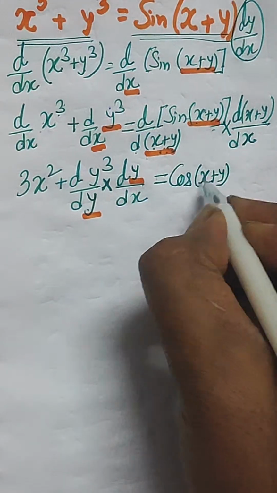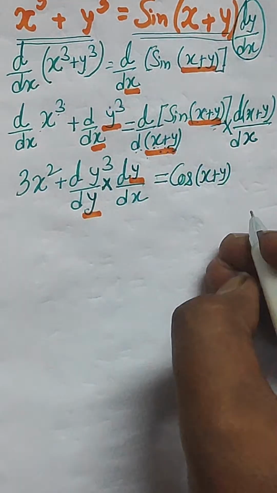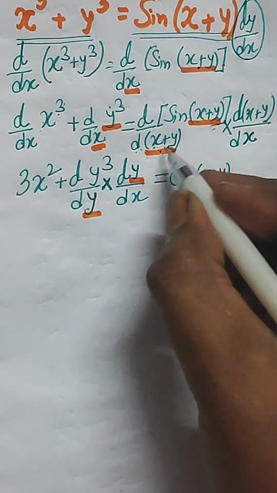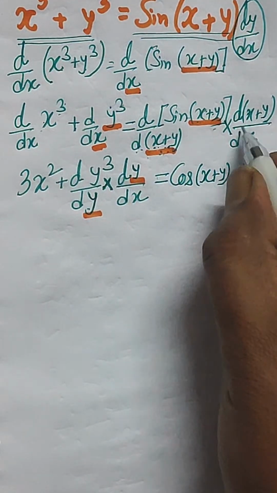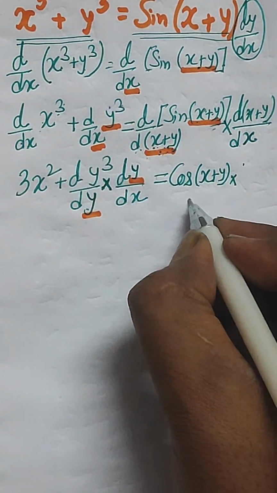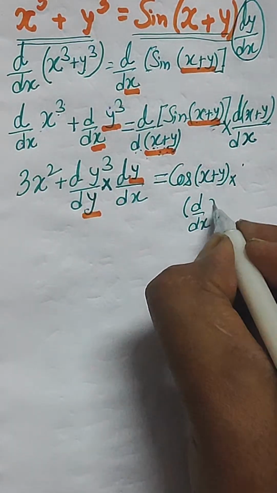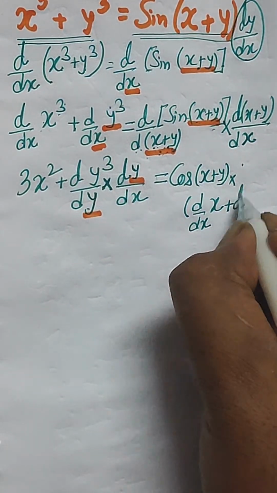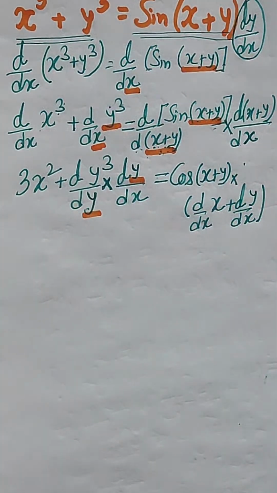We simply differentiated sine of x plus y with respect to x plus y. This is multiplied with d by dx of x plus y, which will come as d by dx of x plus d by dx of y.